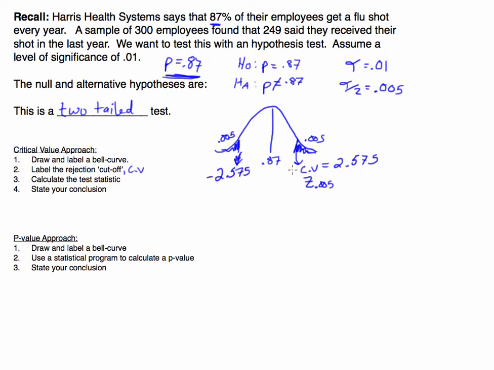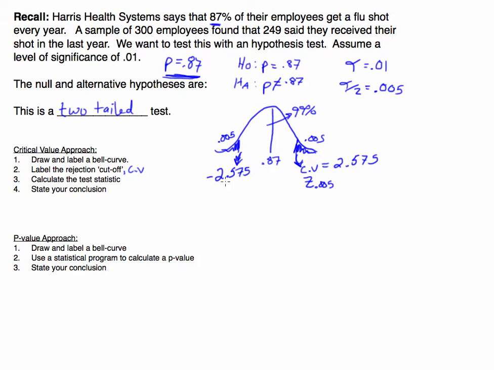We know that if there's 0.005 to the left of negative 2.575 and 0.005 to the right of 2.575, then the middle is going to account for 99%. So this is similar to our z-scores for a 99% confidence interval. Why is this important?